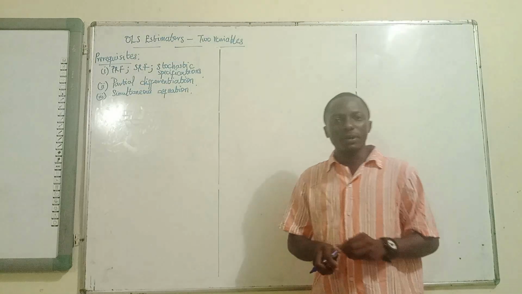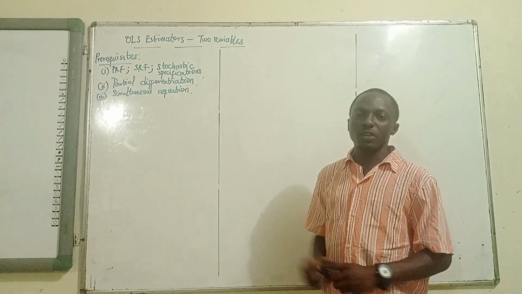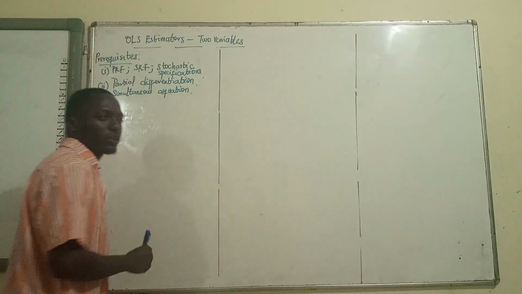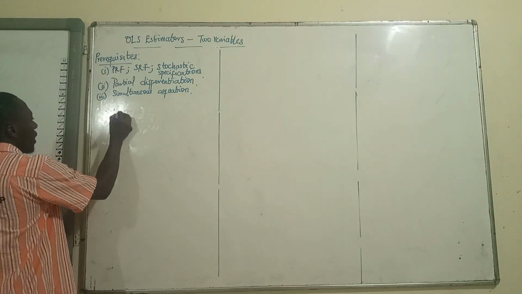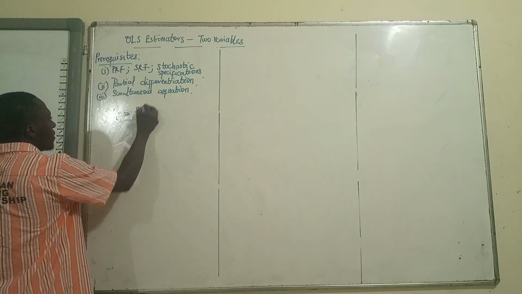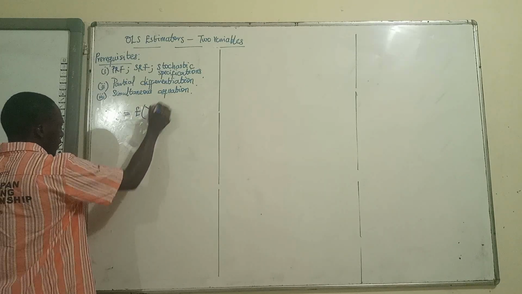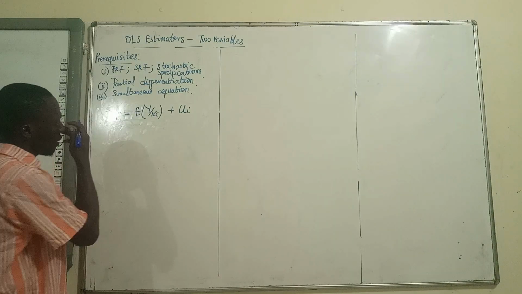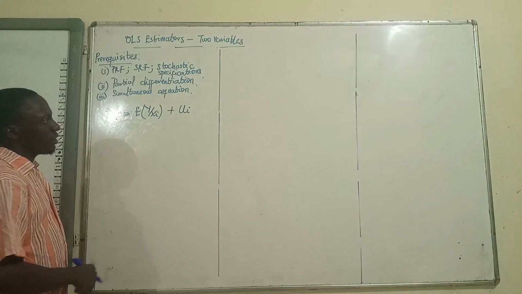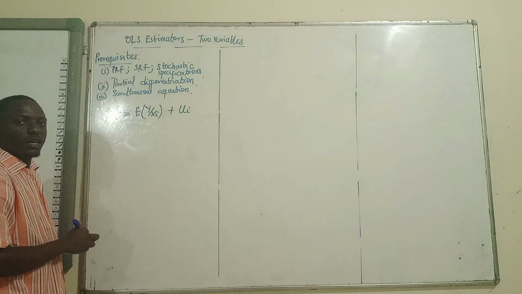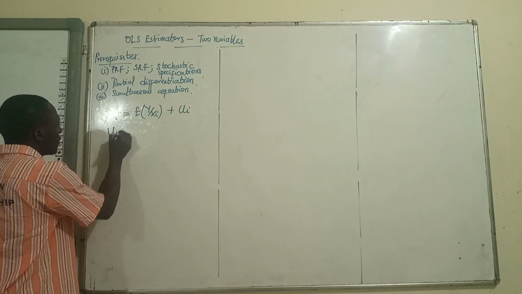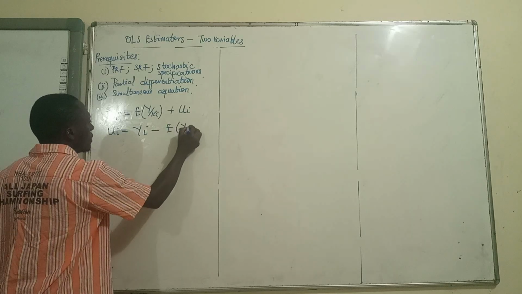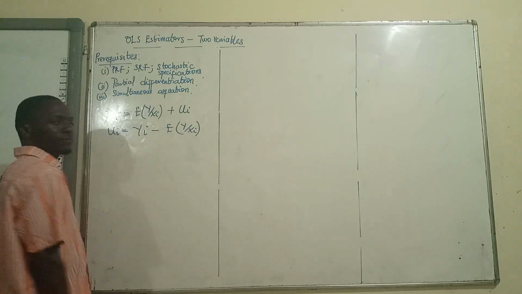You recall from the second video we had on regression analysis that we defined our PRF, our population regression function, as yi equals the expected value of y given xi plus the error term. This is our stochastic specification of the PRF. Now from the equation on the board, I can always write ui to be yi minus the expected value of y given xi.